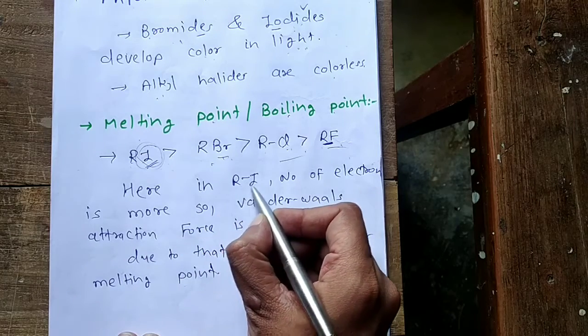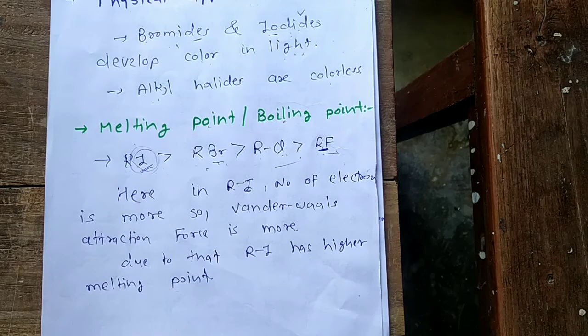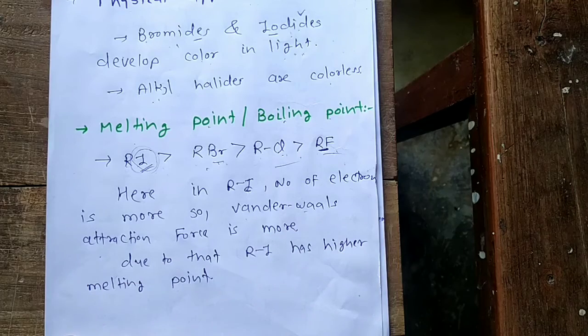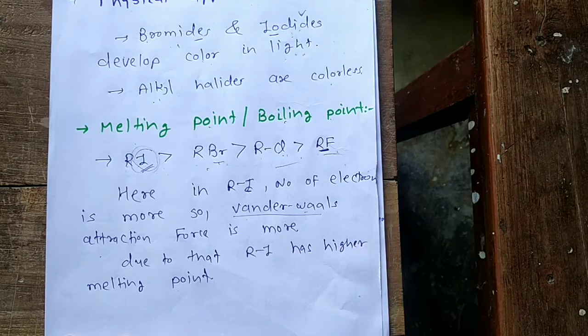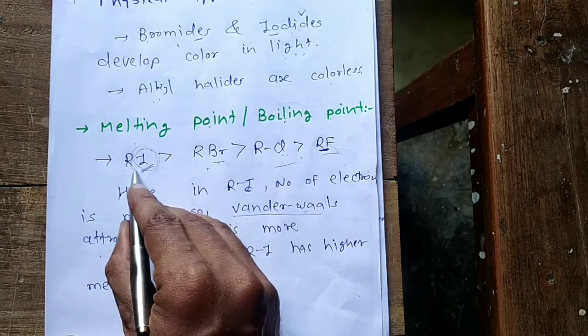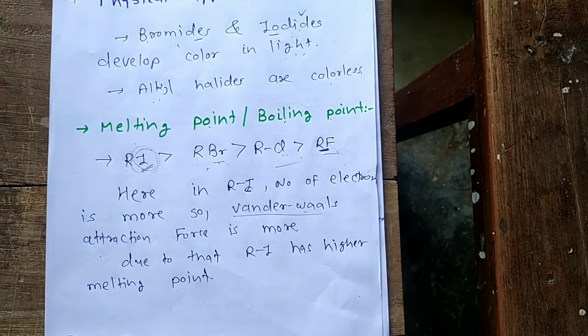Iodide compounds have more number of electrons in them. Due to that, van der Waals force is greater than in others. So due to strong van der Waals force, iodide compounds have high melting point and boiling point.